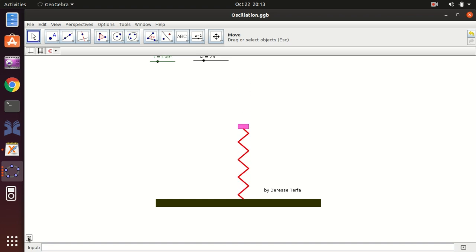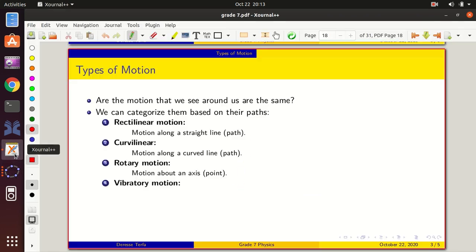It moves up and down. It is just similar to the motion of a tree on a windy day. This kind of motion is what we call vibratory motion, or you can say oscillatory motion.